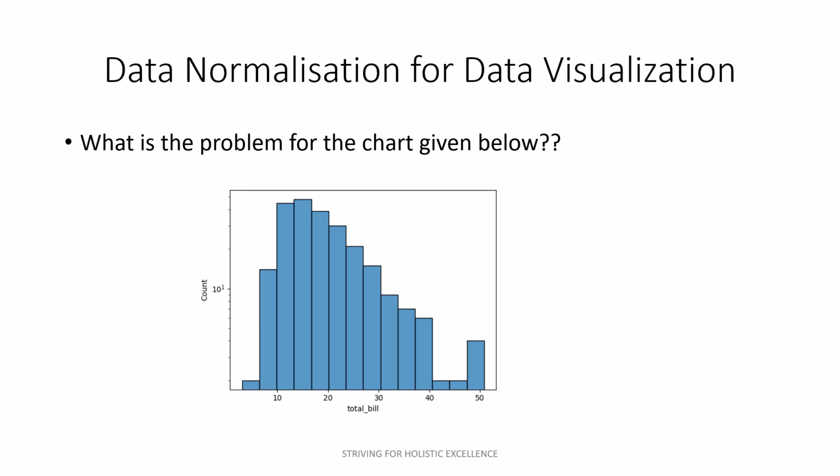It's not difficult to see that some of the values are too hyped up and some are very low. When you have data at both ends of the spectrum, very high and very low, then we have to rescale it. That is what we will be learning right now, and this process is called data normalization.